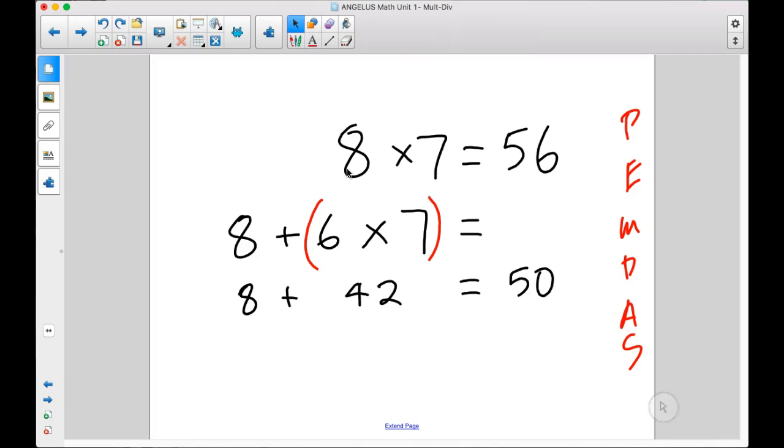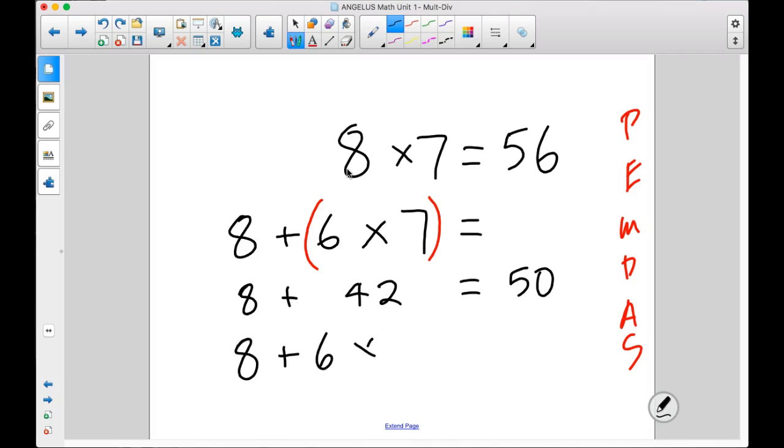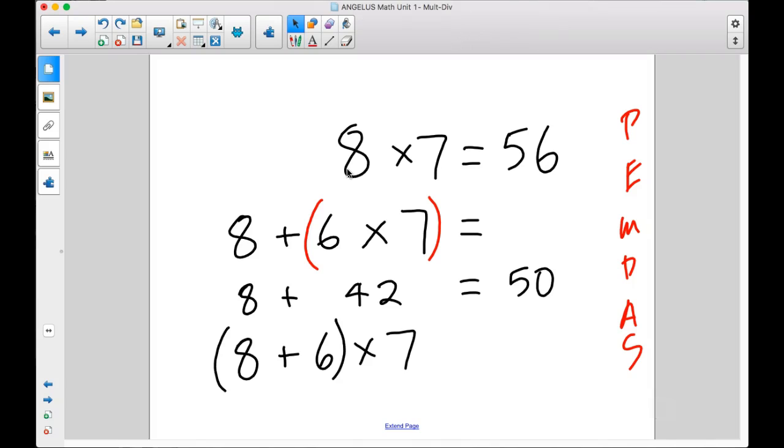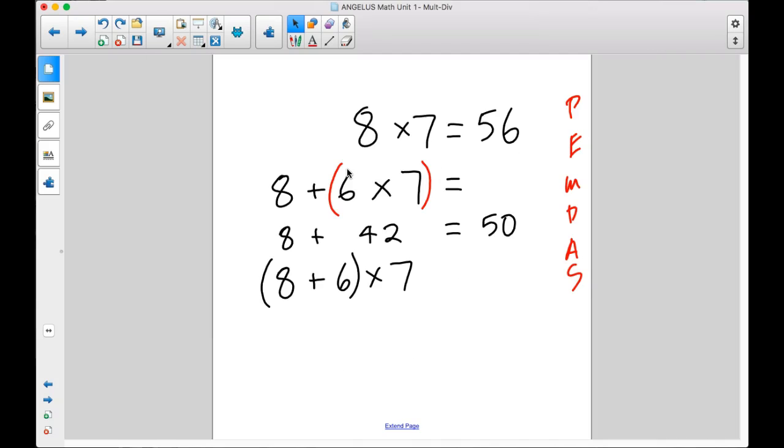But now we're going to change the rule because I'm going to write the same problem. I'm going to write 8 plus 6 times 7, except I'm presenting it to you now with parens, except the parens are going to be around the 6. Question, does that change the answer? Yes. Okay. And in that case, who wants to change the answer?